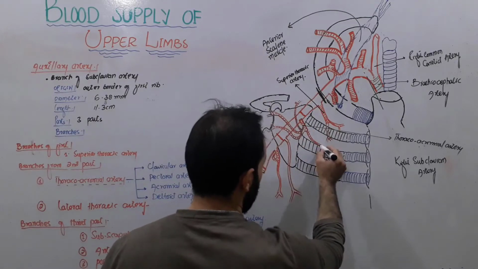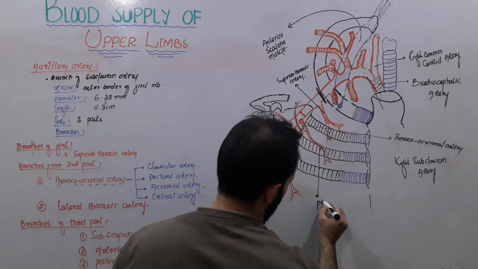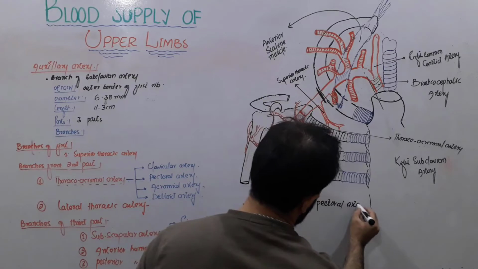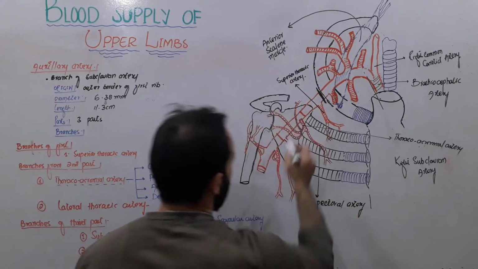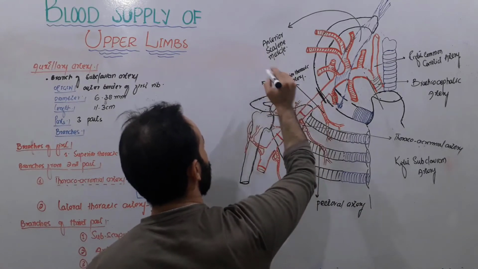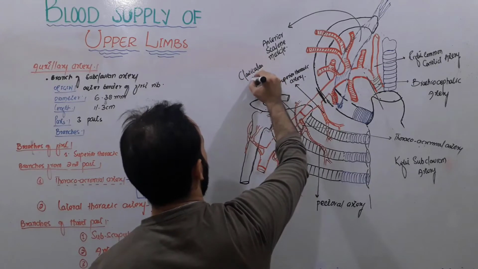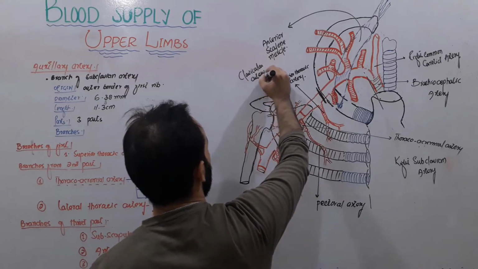Okay, this one is our pectoral artery, right? And this one is going to the clavicle, that's why we call it clavicular artery, right friends? Very good.